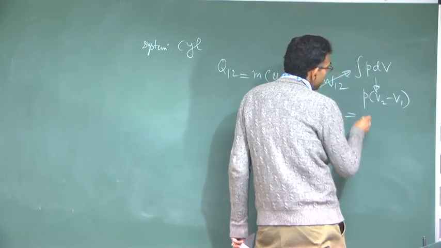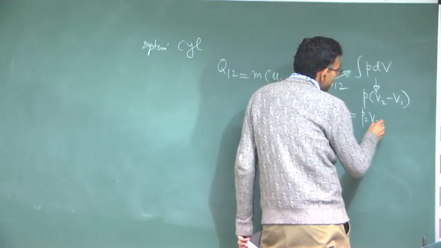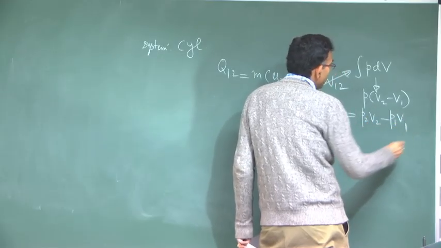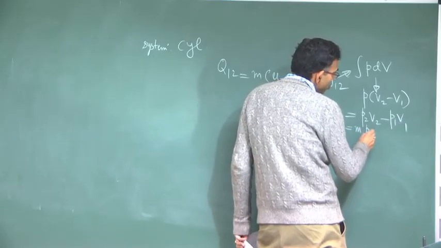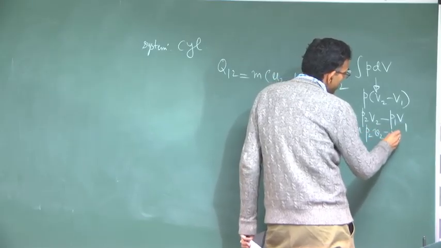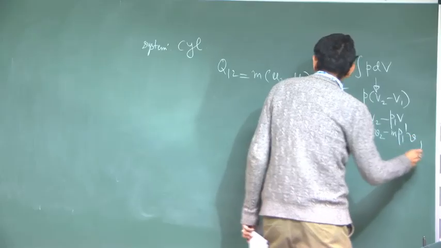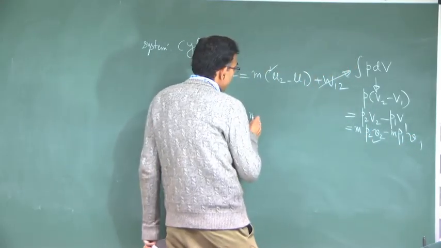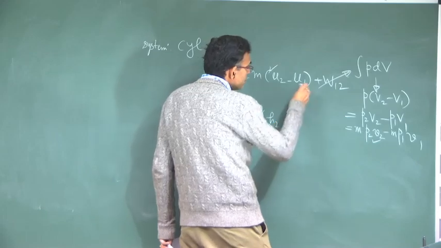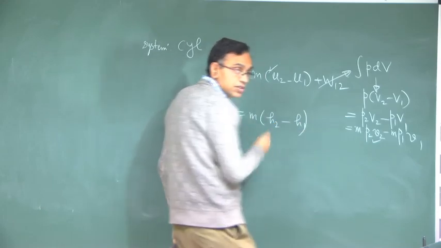So, this you can write P2 V2 minus P1 V1 because P2 and P1 are the same. So, this is m P2 small v2 minus m P1 small v1. So, if you combine U2 with P2 V2, it is m into H2, similarly H1.